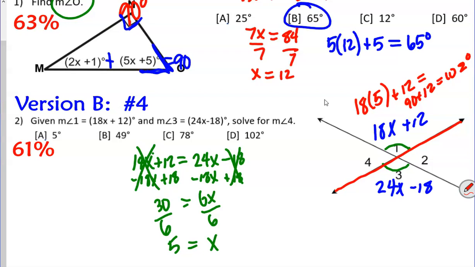Doesn't matter which one you do it in. 24 times 5 is 120, and 120 minus 18 is still 102. So what I need you guys to notice is that we have two angles that form a line. So to find this angle over here, we're going to take 180 and subtract from it the 102. So this angle right here was 78 degrees, right? And that was the answer, C, right there, okay?